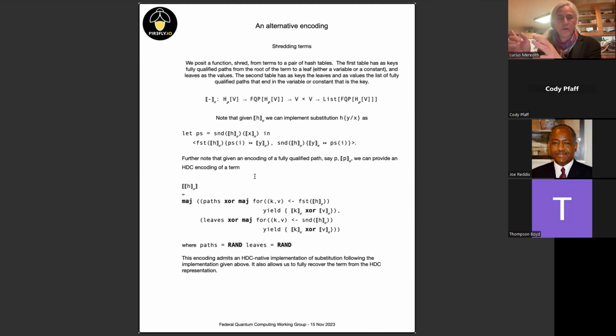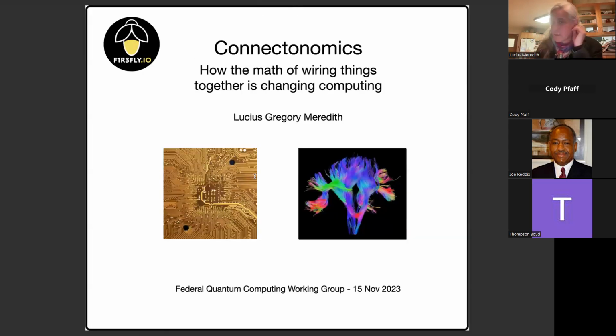So the values will either be constants or variables, and then the other table is from variables to the paths that they're the values of, and then you can use just hypervector operations to do substitution. So that's basically what this slide says. So I'll stop there. It still gives us time for questions.